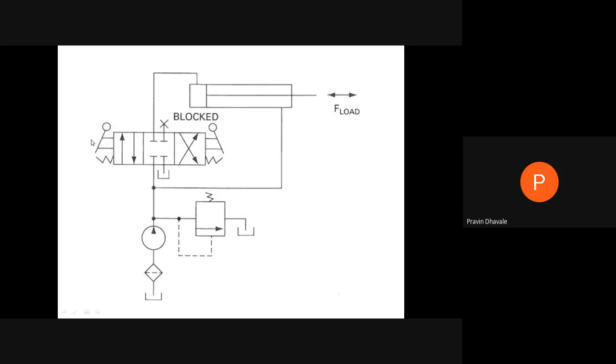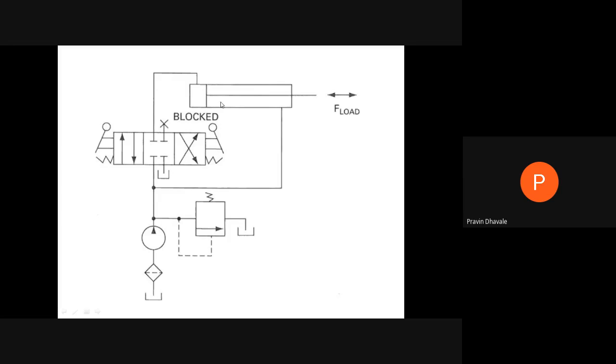When you execute the first position, P and A are connected. Whatever fluid comes from the pump goes from P to A, and the piston rod moves in the outward direction.